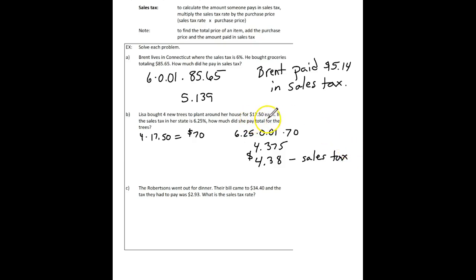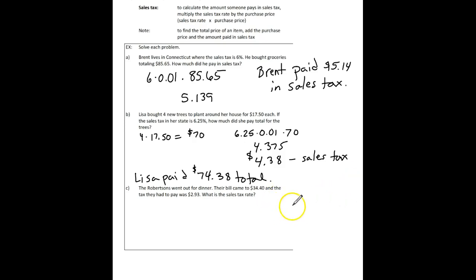How much did she pay total for the trees? Well, we have to put together the total amount she paid for the trees plus the total amount she paid for the sales tax, and we can say Lisa paid $74.38 total. Okay, make sure you're answering the question that's being asked.